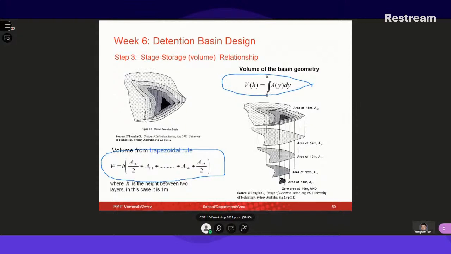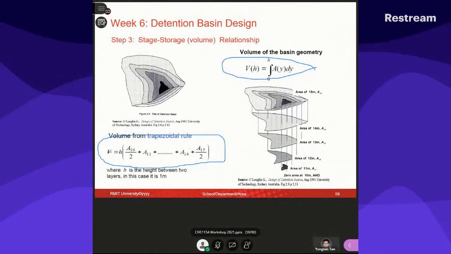We can start from, for example, 0, and at 1 meter intervals we can get the area at each level, for example from 10 to 15.